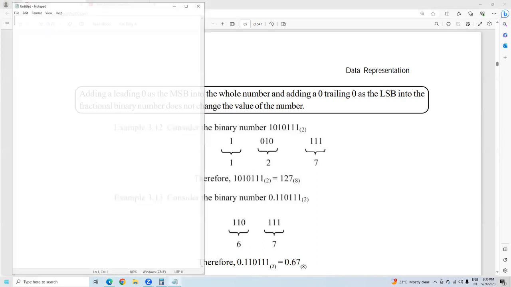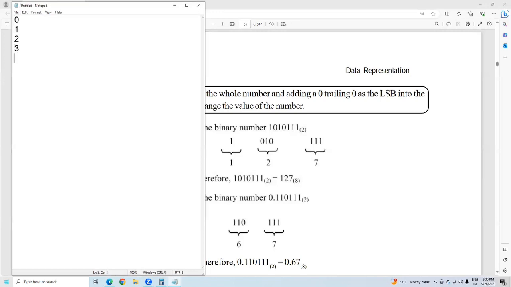Here I'll show you: these are the octal numbers 0 to 7, and their equivalent binary digits are 0 0 0, 0 0 1, 0 1 0, 0 1 1, and then the fourth number, 1 0 0, 1 0 1, 1 1 0, and then 7, which is 1 1 1.